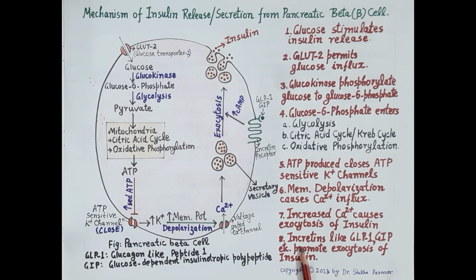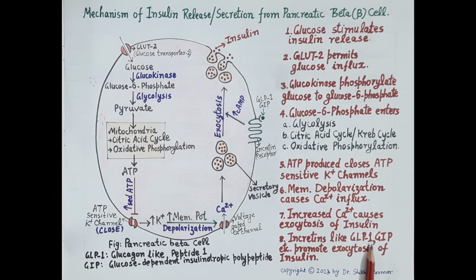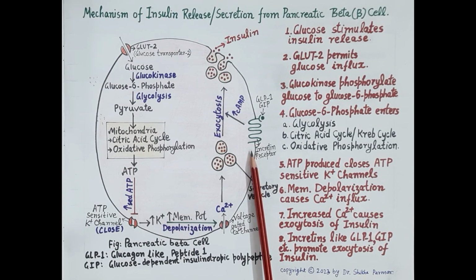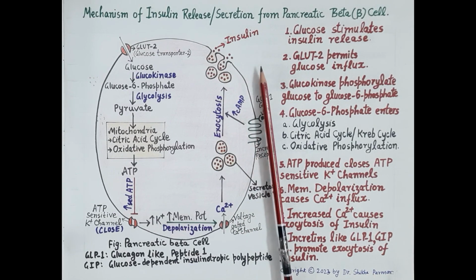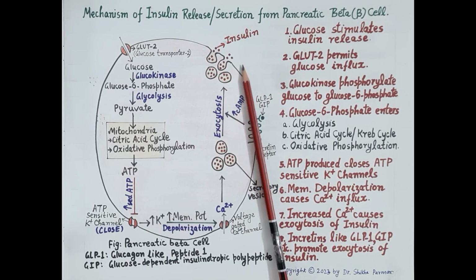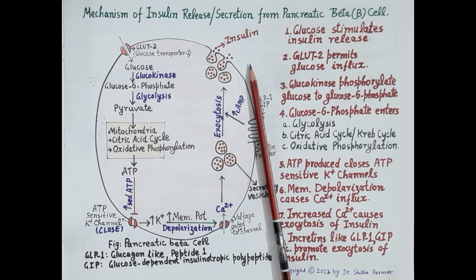Other factors, for example, incretins such as GLP-1, that is glucagon-like peptide, and GIP, that is glucose-dependent insulinotropic polypeptide, bind to their G-protein coupled receptors on the beta cells and also promote exocytosis of insulin. So, this is how insulin is released in the blood from the beta cells.